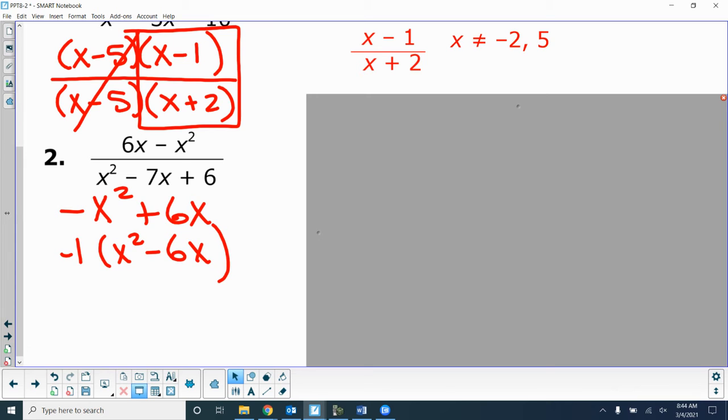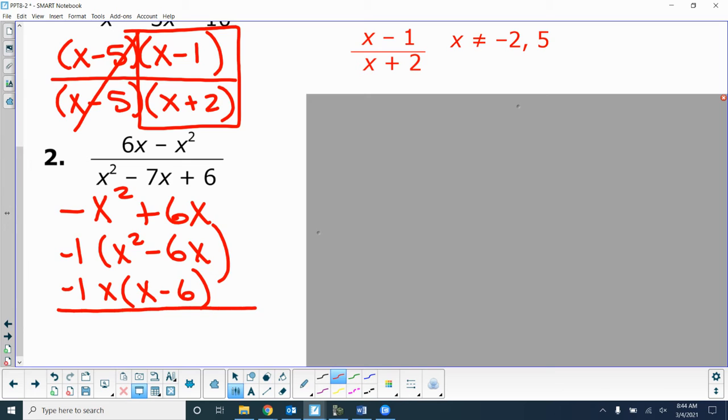So we have the -1, we can factor out the X, and then you told me X minus 6. Very good, Trent. What are the factors of 6 that add up to negative 7? Don't think of what adds to get 7. What times what gives you 6?